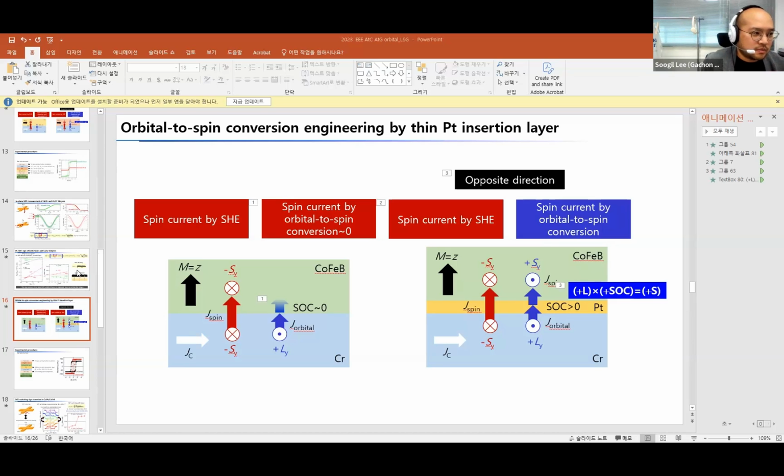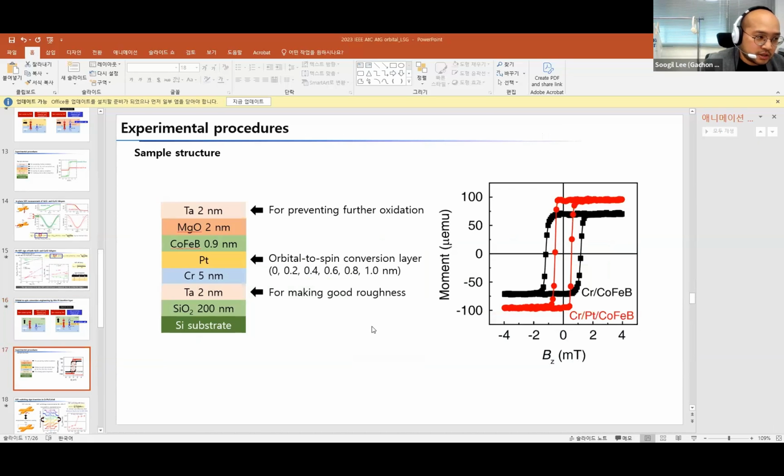Please ask louder. Slide number 17. My question is, you have mentioned all this 2 nanometer. Experimentally, how did you verify that each layer of this film is exactly 2 nanometer? What technique did you use, and how did you control it?